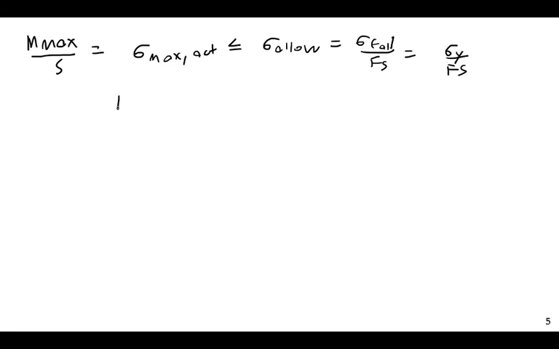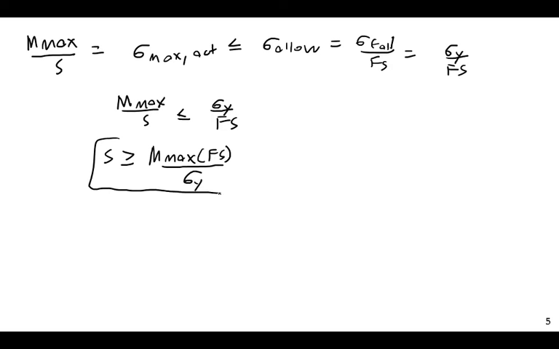So we can reduce this to M max over S is less than or equal to sigma y, our yield stress, over our factor of safety, or S is greater than or equal to M max times the factor of safety over our yield stress. We need a section modulus that is ultimately greater than that. This is our guiding formula.